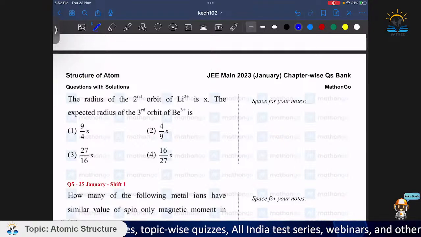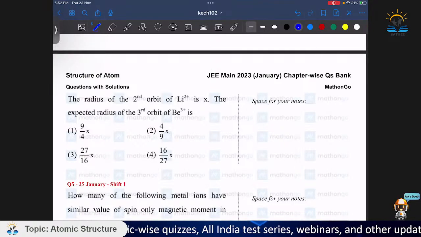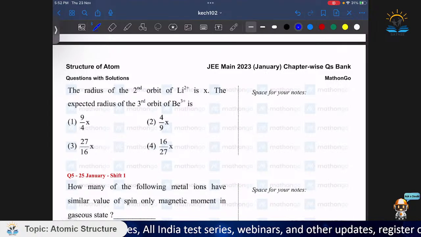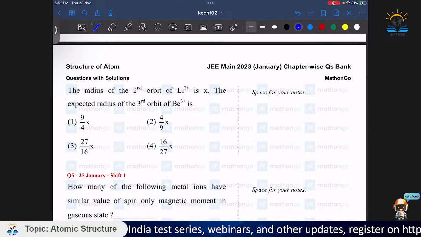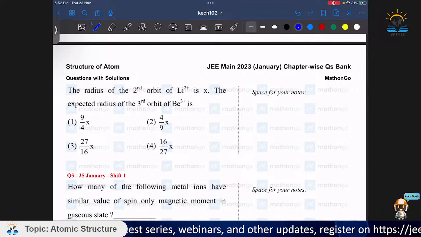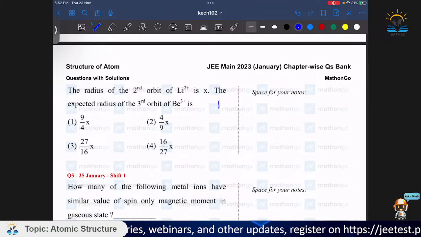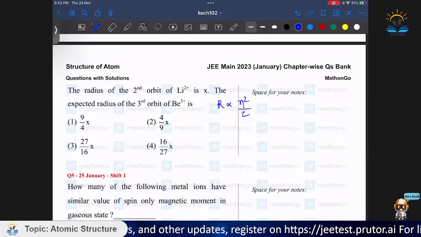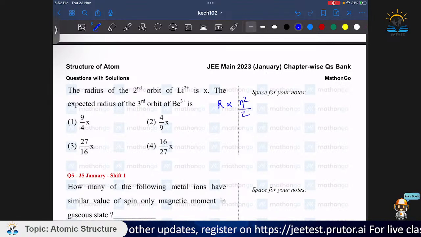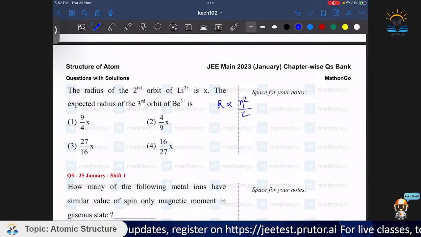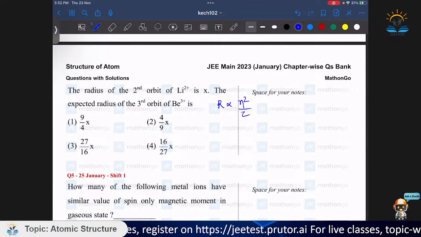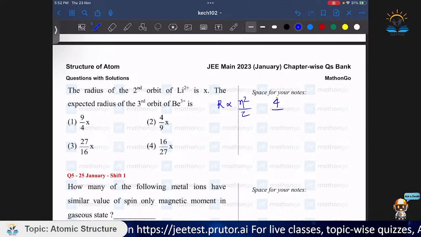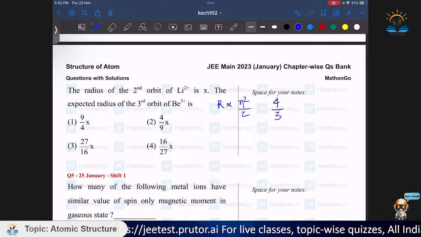All right. The radius of second orbit of lithium plus 2 is x. The expected radius of third orbit of beryllium plus 3 is. Second orbit of lithium plus 2. Radius is proportional to n square by Z. Right? So for second orbit of lithium, it will be 4 by lithium is 3.